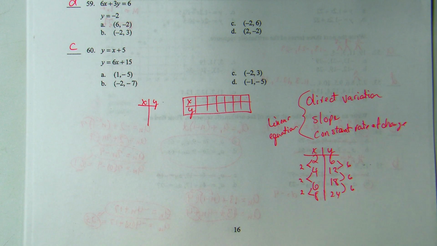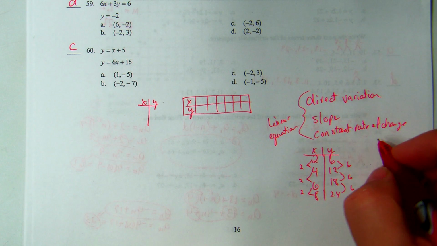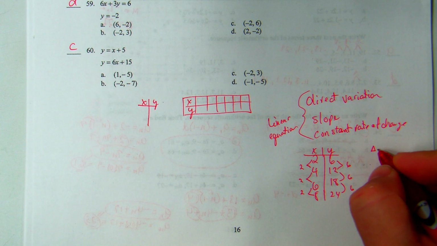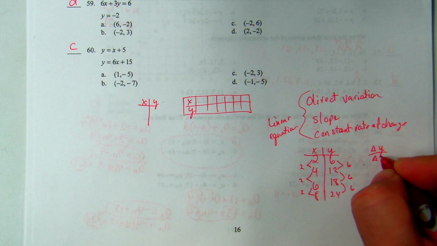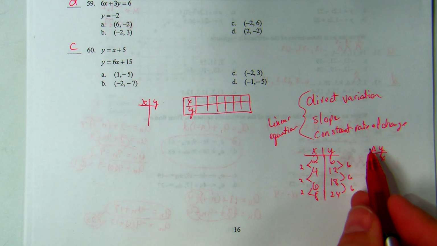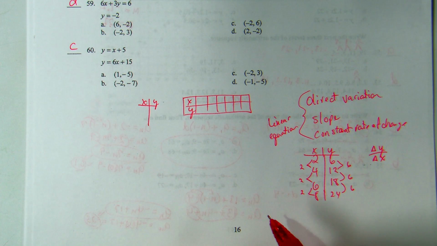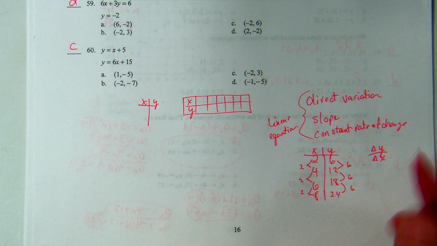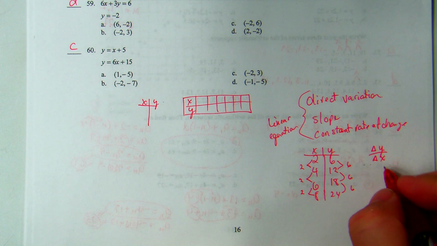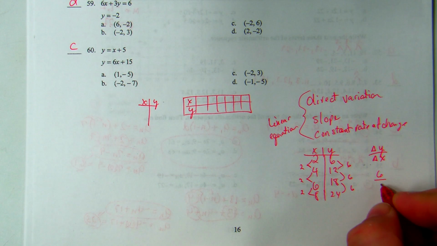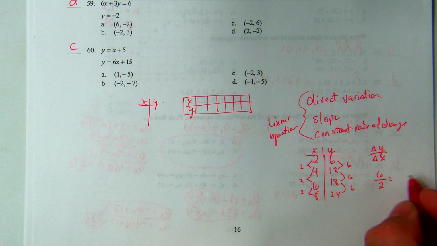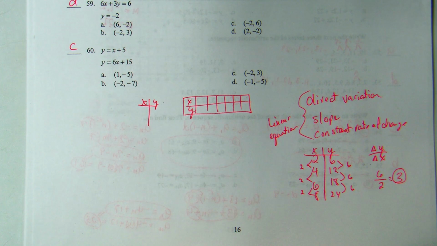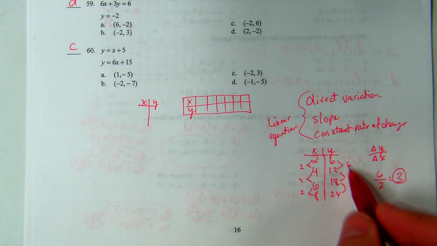So my constant rate of change here, or my variation, my slope is going to be the change in y over the change in x. And we've talked about what that little triangle means. It's delta, and delta just means change. The change in y over the change in x, the change in y is 6, the change in x is 2. So what is my slope? It's 3. Right? So I can find that out.